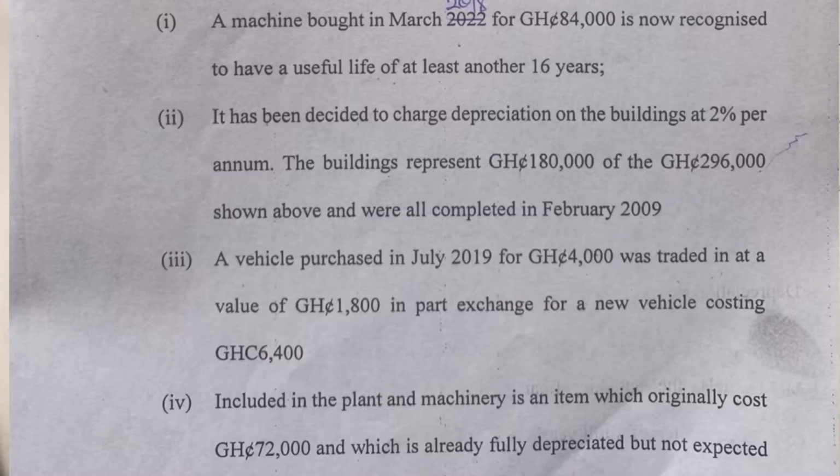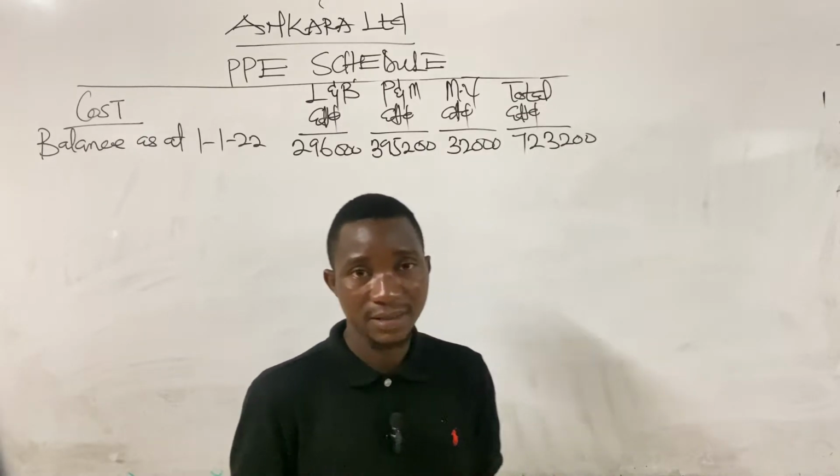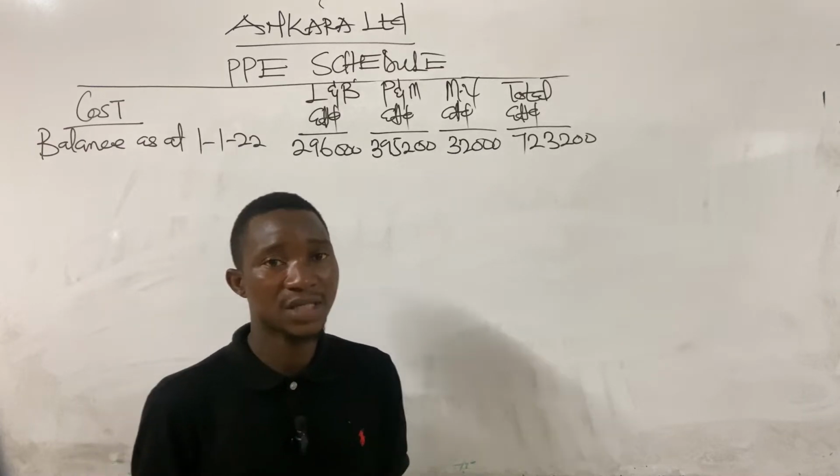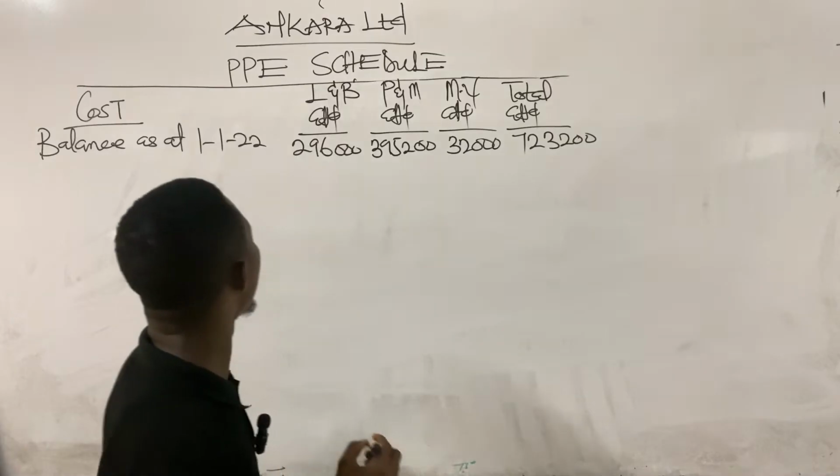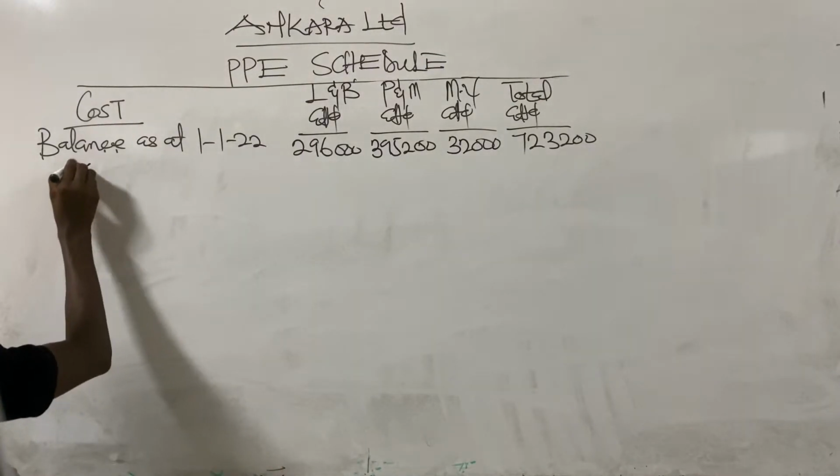From additional information III, it says that a vehicle purchased in July 2019 for 4,000 cedis was traded in at a value of 1,800 in part exchange for a new vehicle costing 6,400. So it means that we acquired an asset. There was an acquisition of an amount of 6,400. So we record the acquisition.